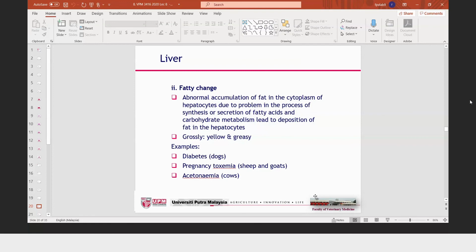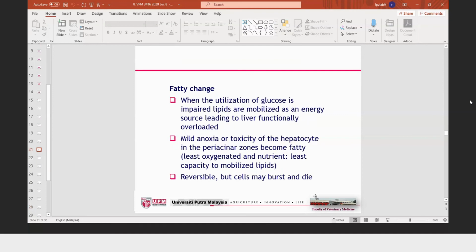It is very common, like in cases of diabetes in dogs, but you also see it in pregnancy toxemia in sheep and goats, and ketosis in the cow. So you expect to see this fatty change. In fatty change, when the utilization of glucose is impaired, lipid is metabolized as an energy source, leading to liver function overload.